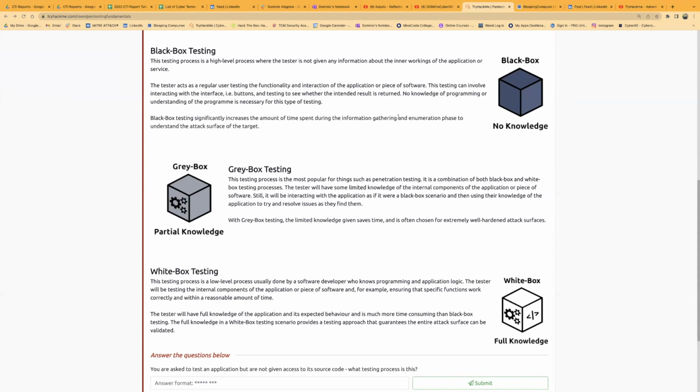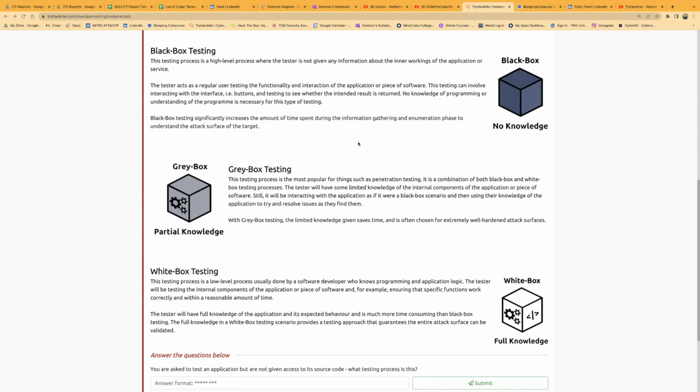And even though you're given no knowledge, it increases the time spent on information gathering, because you have to gather more information, as well as the enumeration phase when you're scanning the actual network.